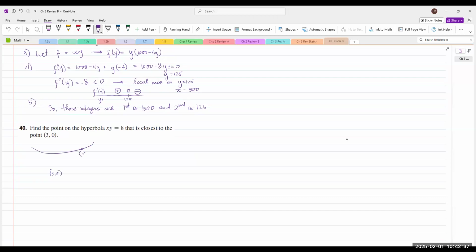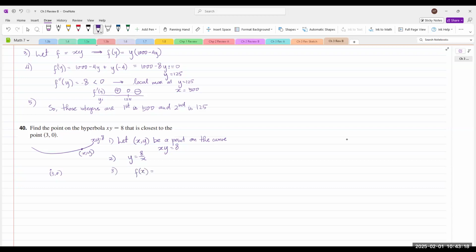Let the coordinate (x, y) be a point on the curve xy equals 8. Now because of that, we can represent y equals 8 over x. Now then, construct a distance formula. In fact, I will just do distance squared.